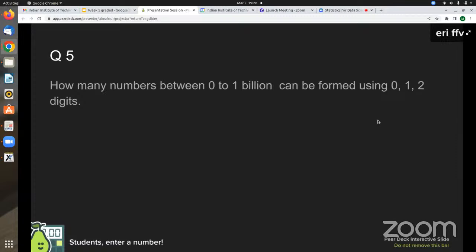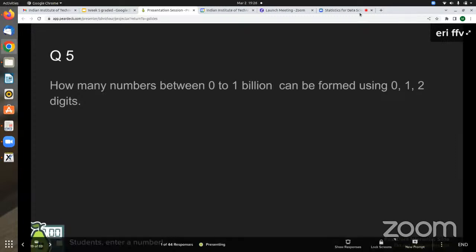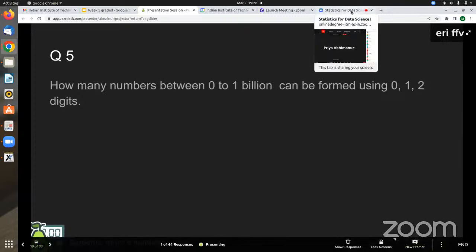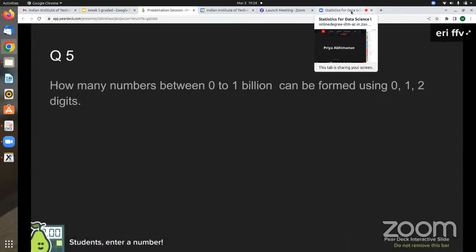Let's say you have 9 places, and you have to use only 3 digits. From the question itself, it is clear that repetition of digits is allowed, so there's no need to mention it separately.